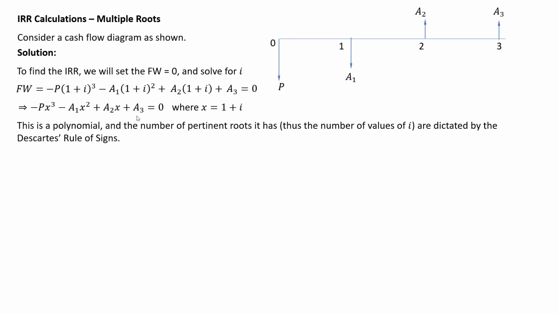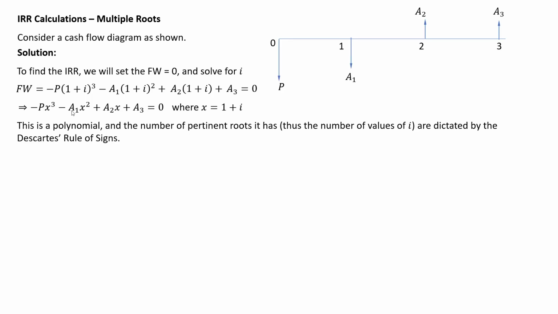But what does that mean? x is negative 5, meaning i equals negative 6, right? Negative 5 equals 1 plus i, so i is negative 6. What in the world does an internal rate of return of negative 600% mean? It has no meaning whatsoever. Even though the math tells you that negative 6 was one of the roots, it has no pertinence in this context.